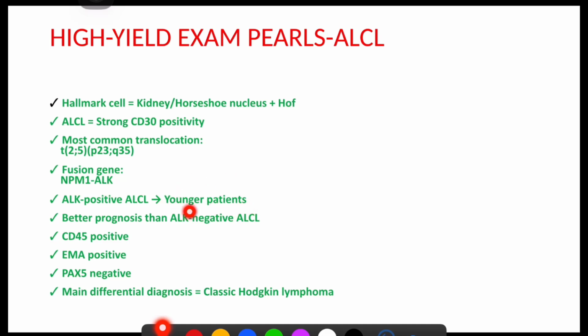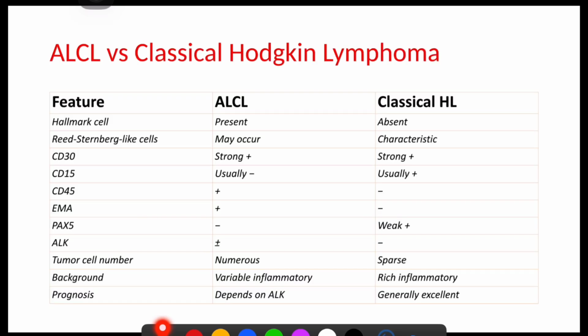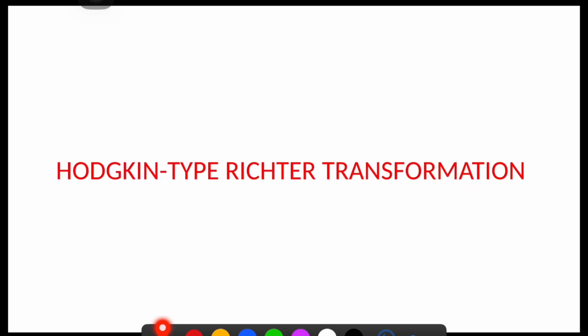Younger patients are commonly ALK positive, better prognosis than ALK negative, CD45 positive, EMA positive, but PAX5 is negative. So the main differential diagnosis is classic Hodgkin's lymphoma from ALCL. So this is the differentiating table to differentiate ALCL from classic Hodgkin's lymphoma. Now another category is Hodgkin's type Richter transformation.